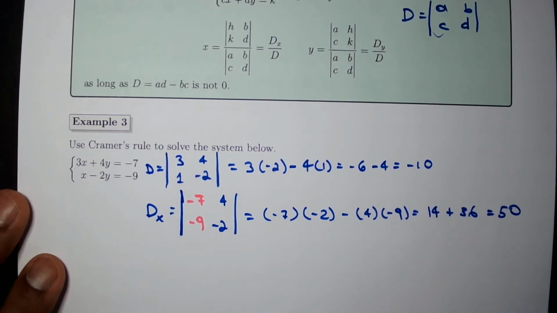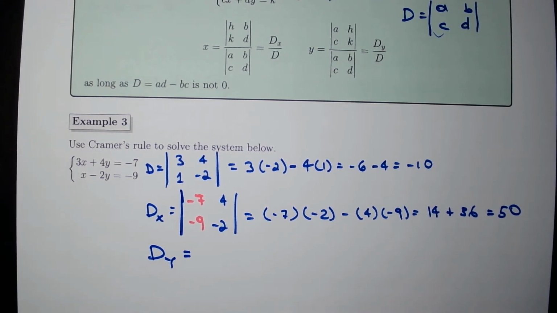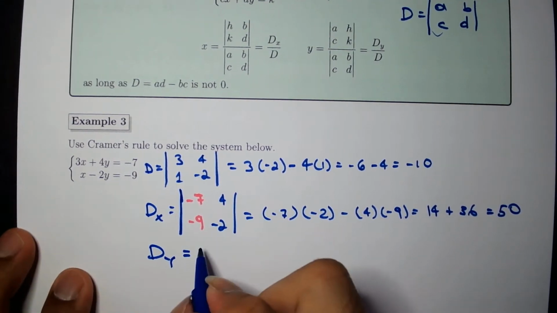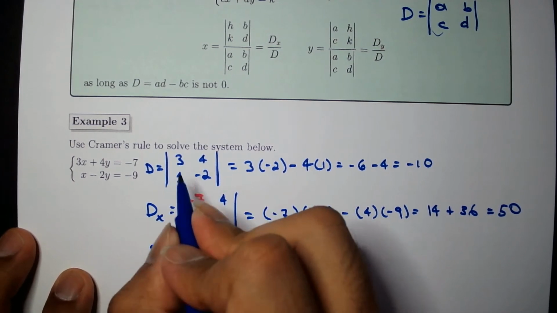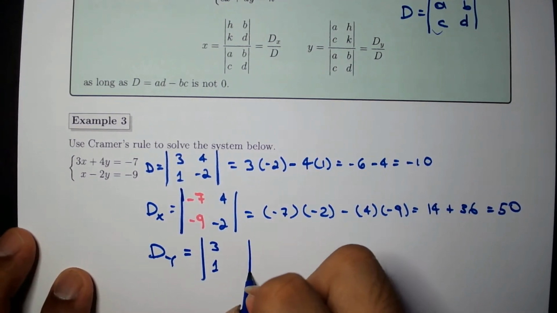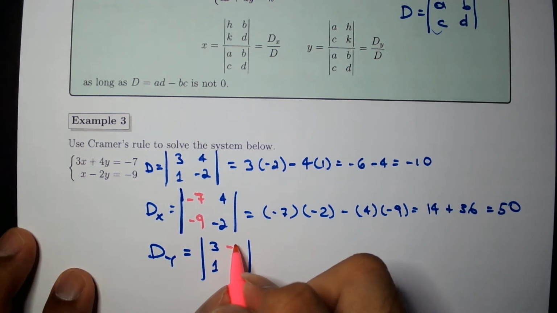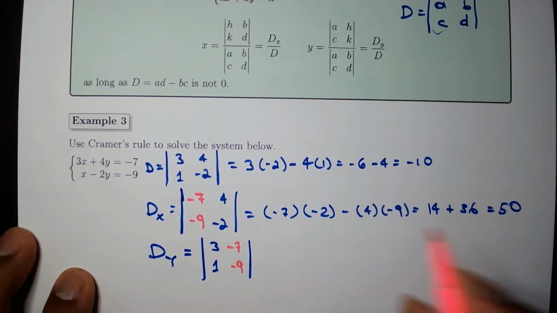Let's do the same to find dy. In this case, I'm going to keep the x column, 3, 1. But in this case, I'm going to replace the y column with those elements that are the constant terms. All right.